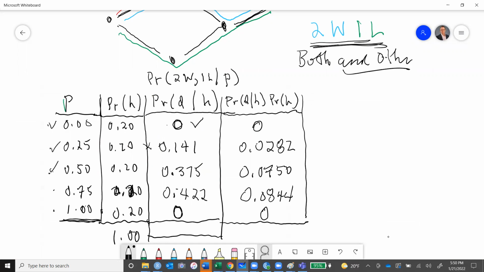So if we add up 0.0844, 0.0750, I get 0.1594, and add to that 0.0282. Yeah, I'm using my calculator.